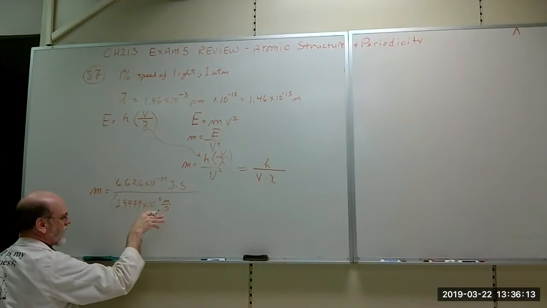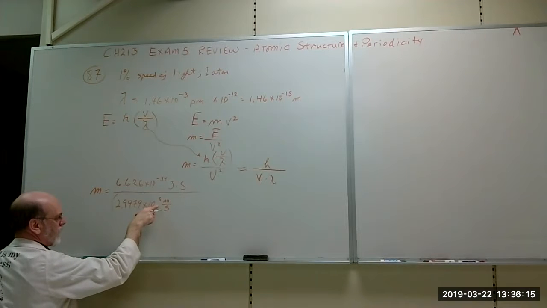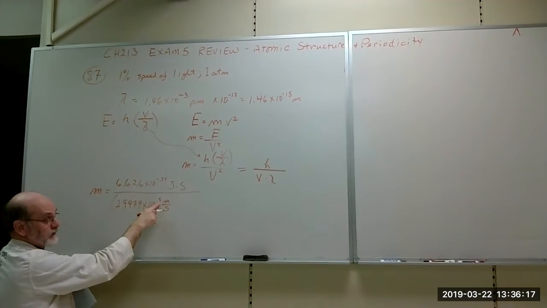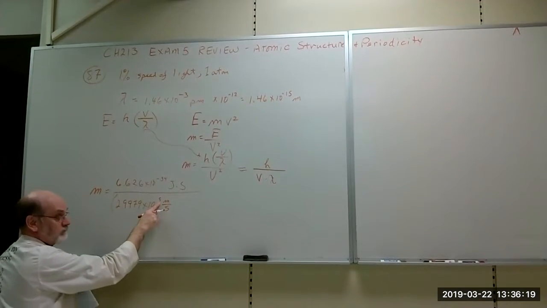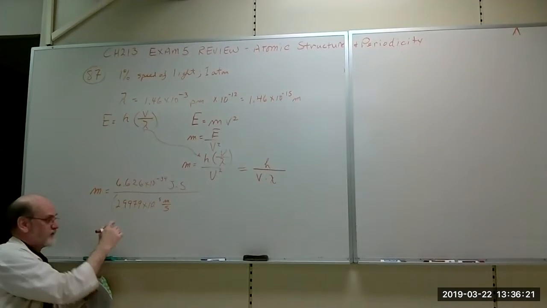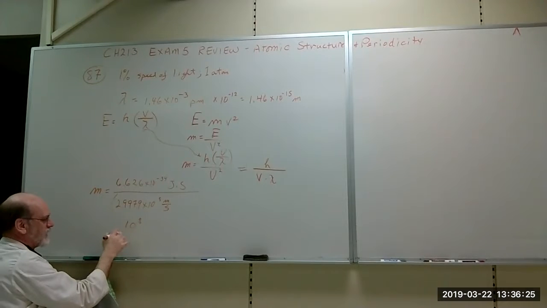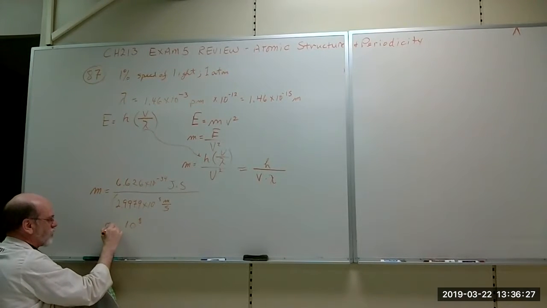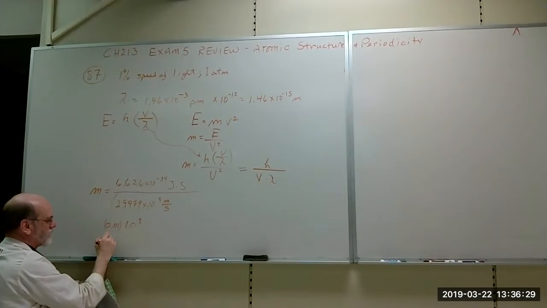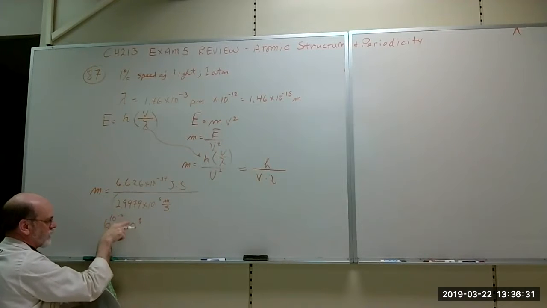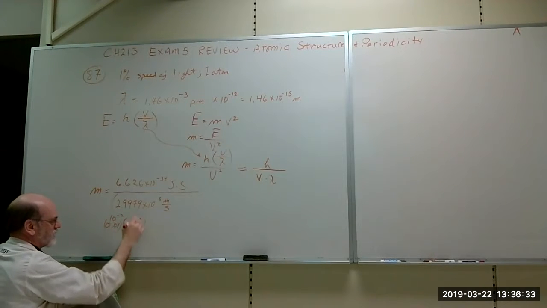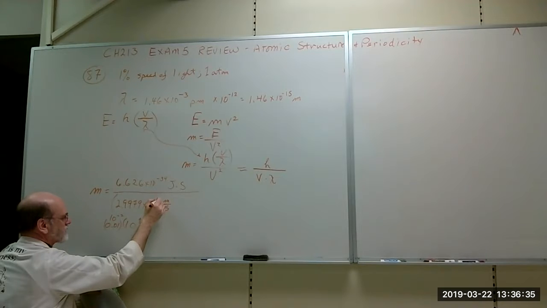So 1% of that would be 100th of that, right? So it'd be 10 to the 6th, wouldn't it? If 10 to the 8 is the speed of light, then 1% or 0.01 times that, 10 to the minus 2 times that, would be 10 to the 6th. We'll just change that to 6th.